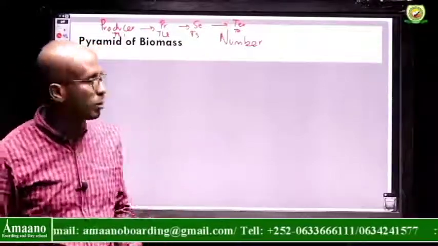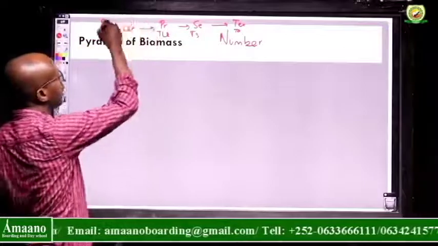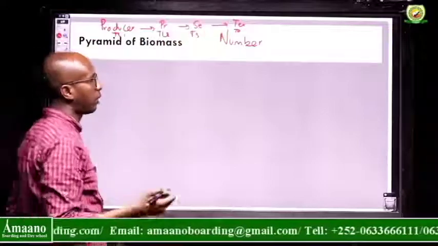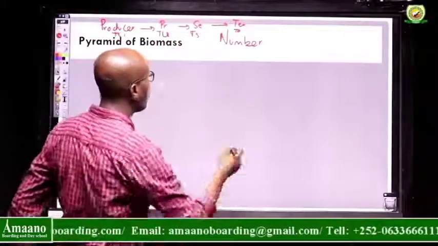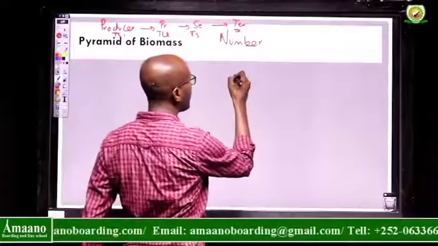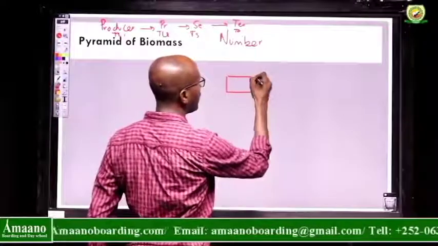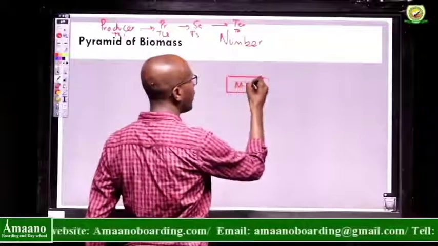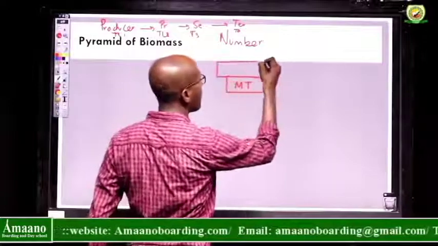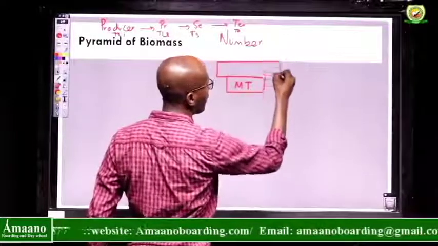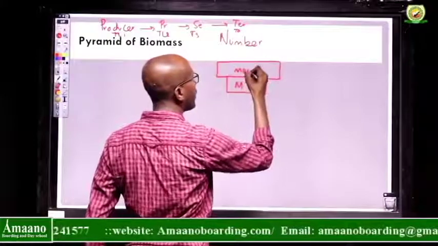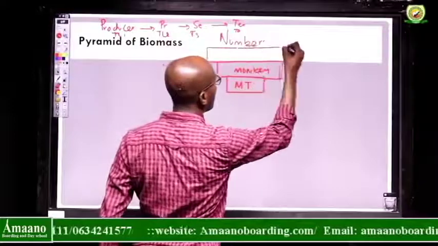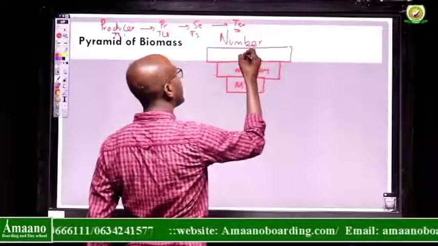The pyramid of number shows us the number of organisms at each trophic level. How many producers are there? How many primary consumers are there? How many secondary consumers are there? For example, if we have this pyramid of number, this is a mango tree, this is a monkey, and this is a flea.